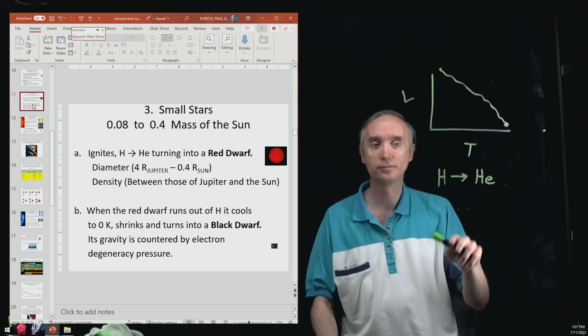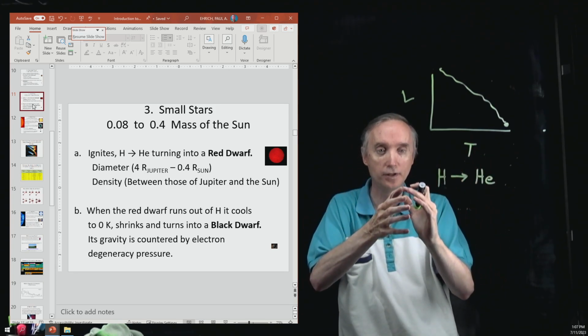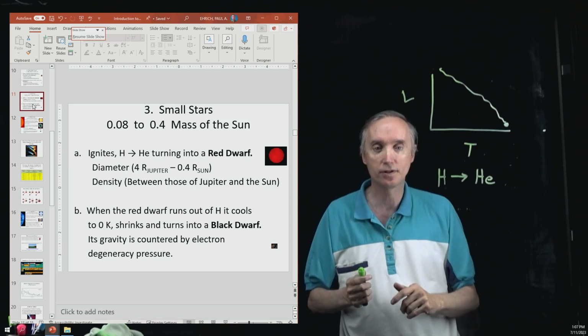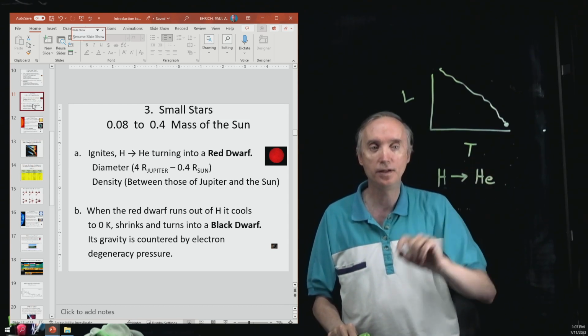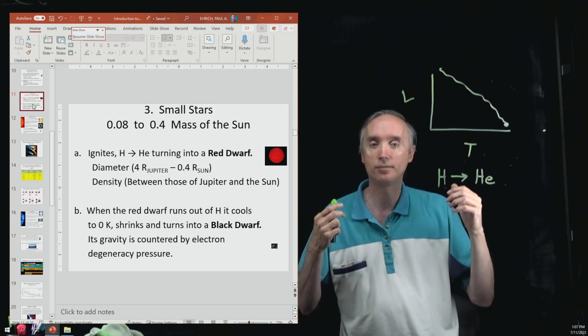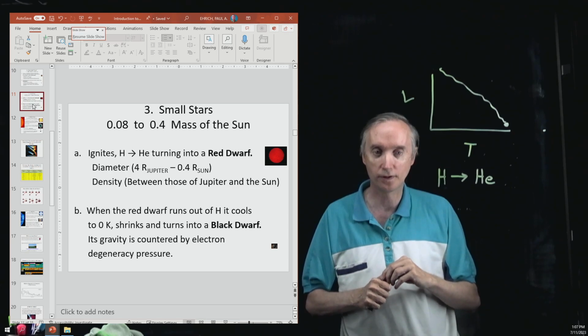And so they are eventually just going to cool off into a substance that is going to consist of a lot of helium. And again, it's going to take probably hundreds of billions of years for this to happen.